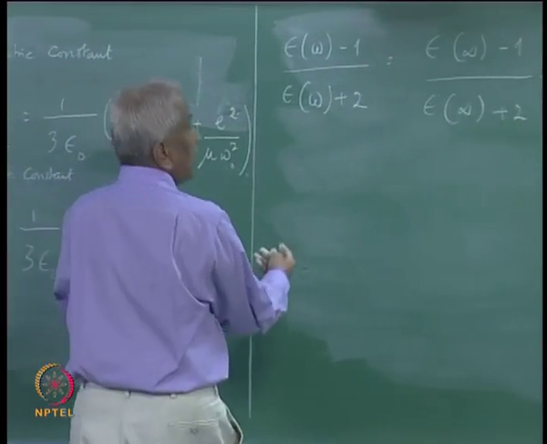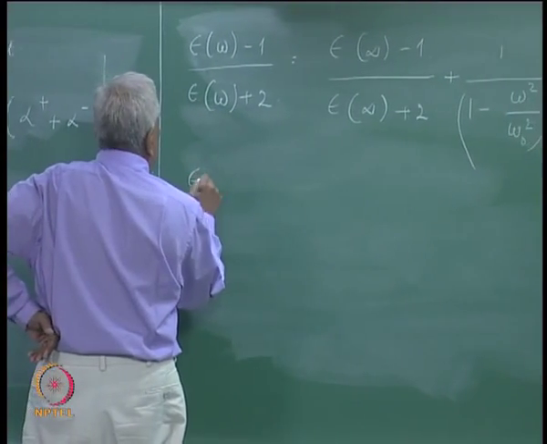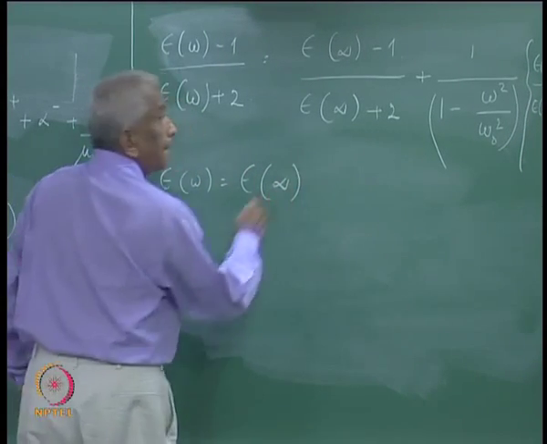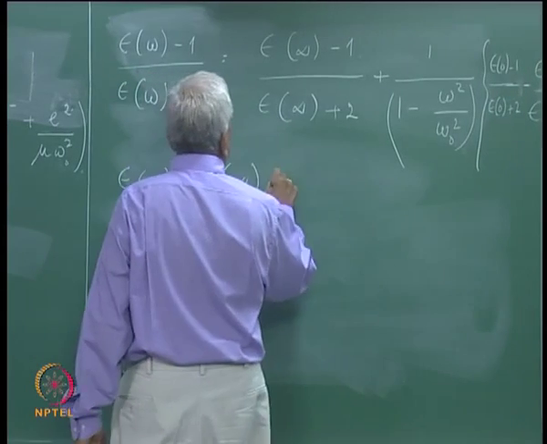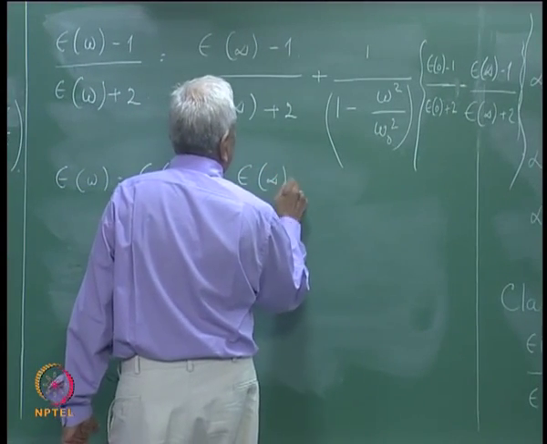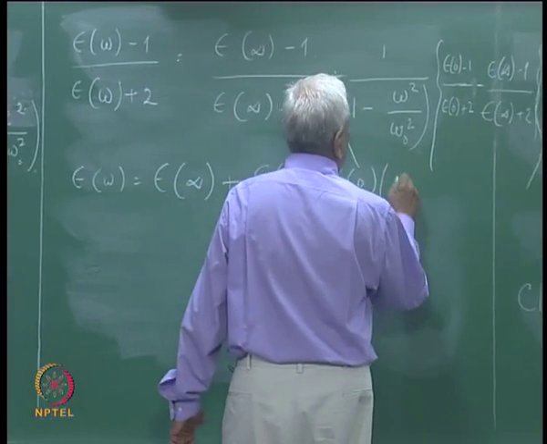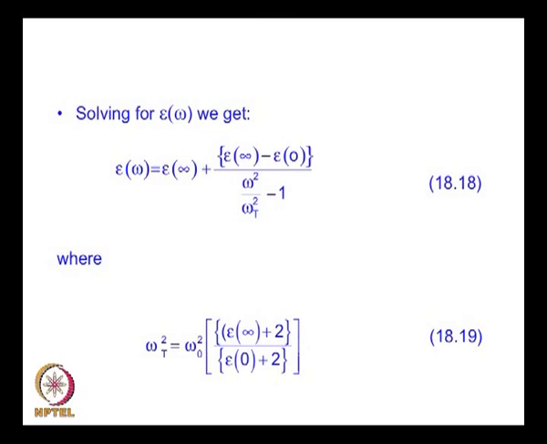So, solving for epsilon omega we get where omega T square, this is something which one can figure out by rather straightforward algebra.